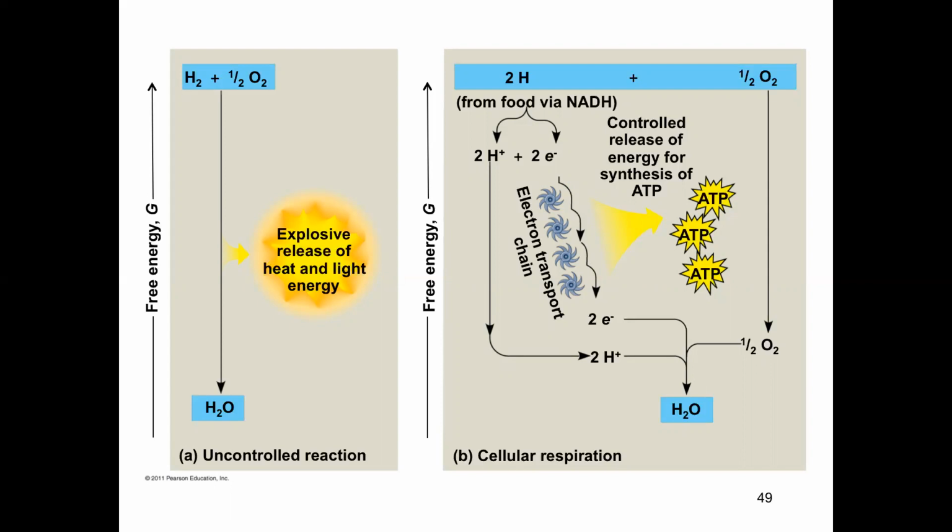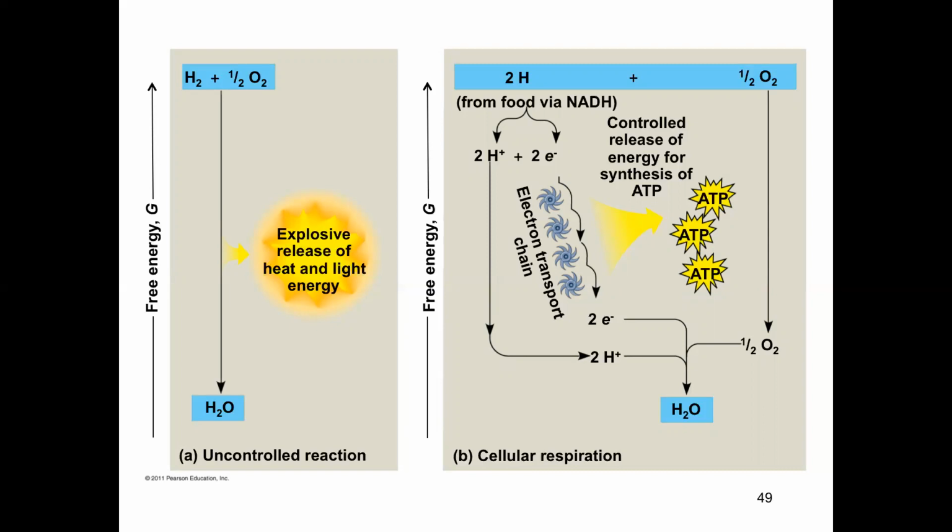So you know what happens to a marshmallow when it gets too close to the fire, right? It burns up into charcoal right away, and it's mostly sugar. Now, there's a lot of energy that's released there. So instead of doing it in one step, like what happens when you put your marshmallow too close to the campfire, we do this step by step, so we can harness some of that energy and capture it so that we can make ATP. All right. So that's what cellular respiration is all about.